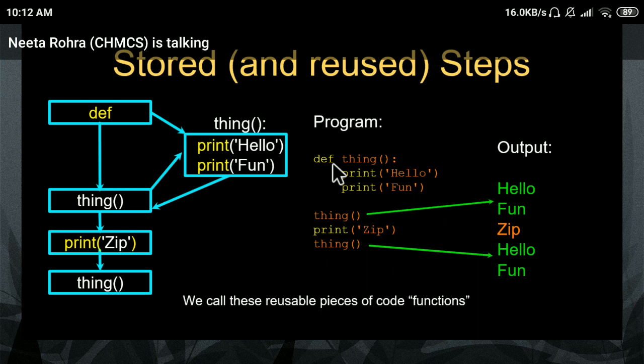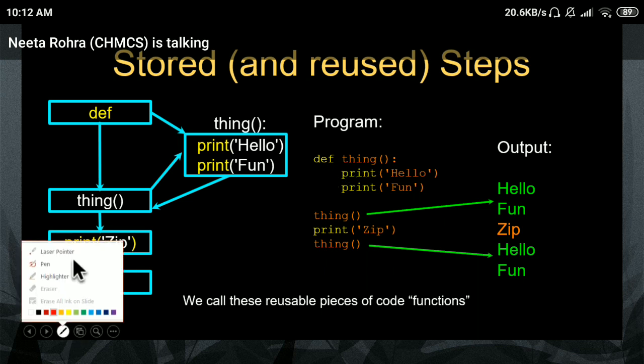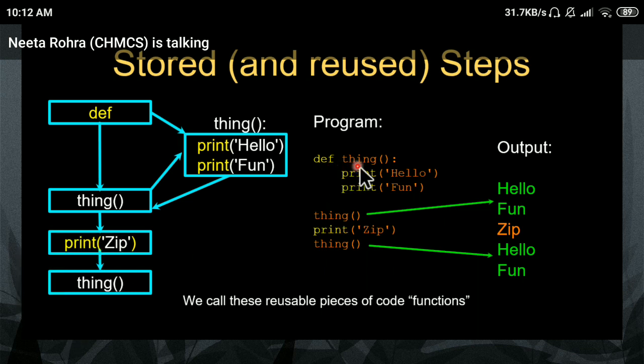So a function has def as a starting point, which has a name to it called thing in this case. So you have the definition of function thing. Below that, followed with your indentations, is the block or the body of the function. So you have two print statements, which is the body.